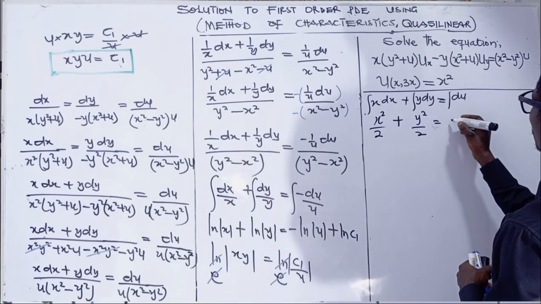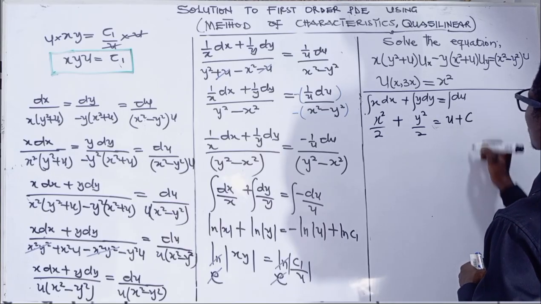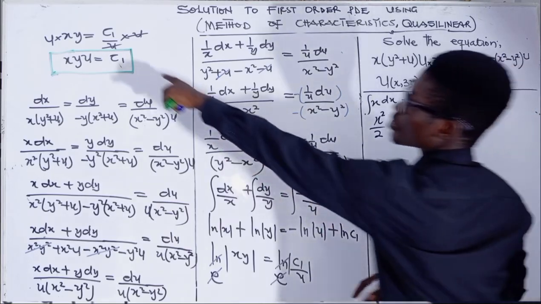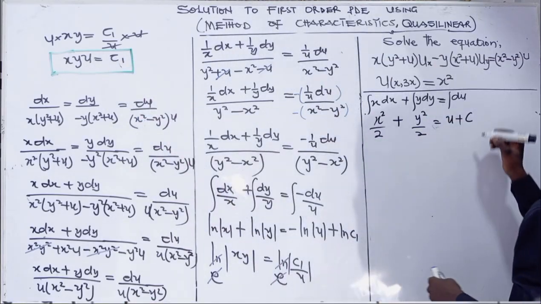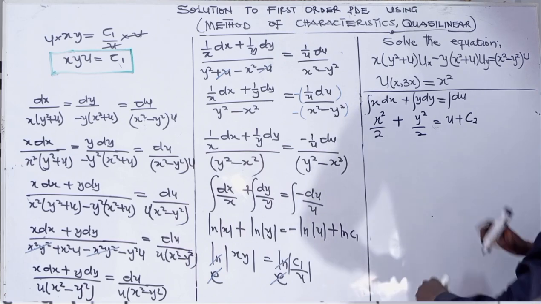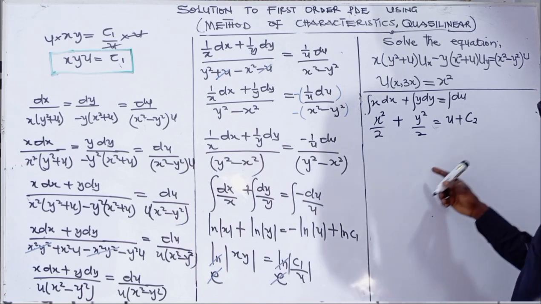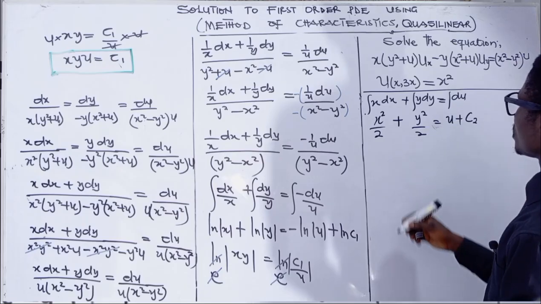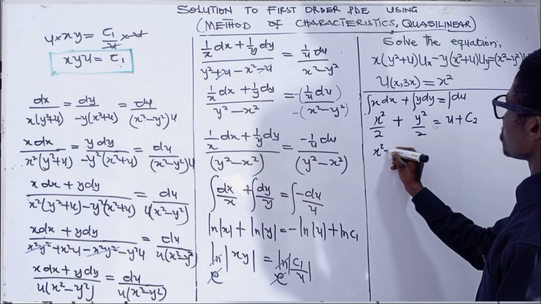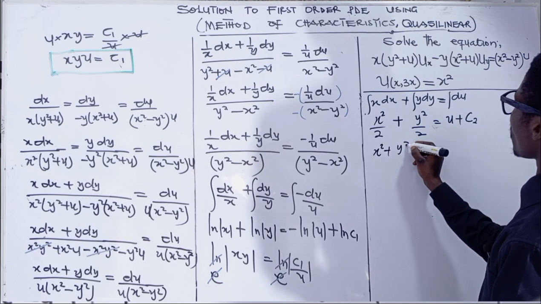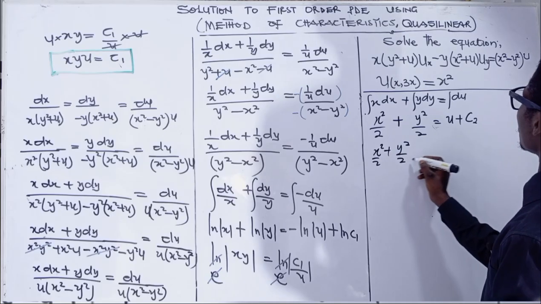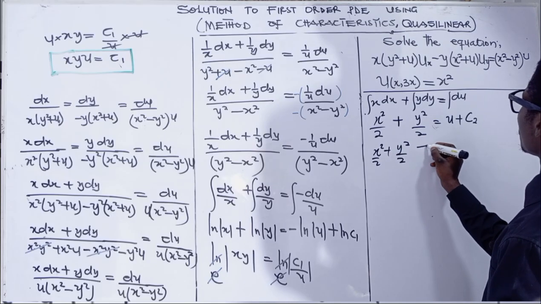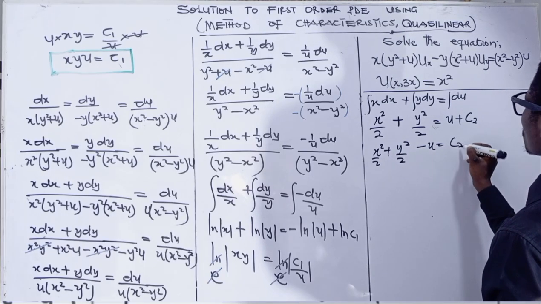When we integrate the u, we are going to get u plus the constant of integration. Since we had our first constant to be c1, let's make it c2. We want to make c2 the subject. So let's bring u to the left hand side. So we have s squared plus y squared all over 2 minus u is equal to c2.